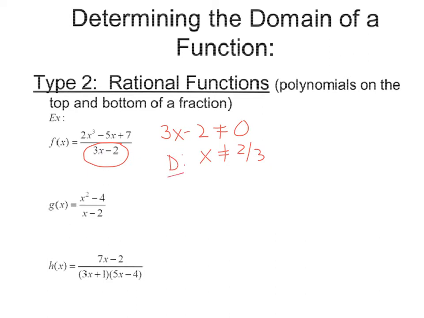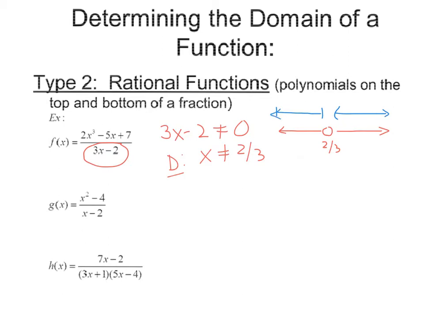But I'm going to go ahead and take it a step further, and I'm going to say if we looked at all the x values on the number line, at 2/3, we're going to have this void. So if I wanted to actually look at this from interval notation, we'd be talking about from here to here, and then from here on, like so.